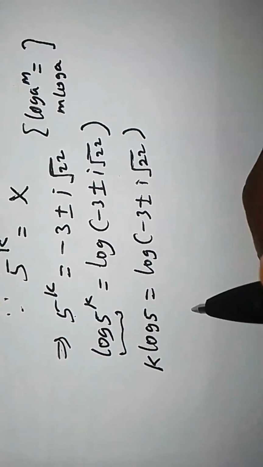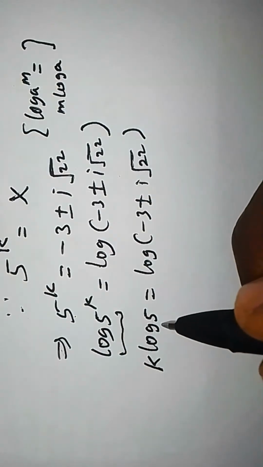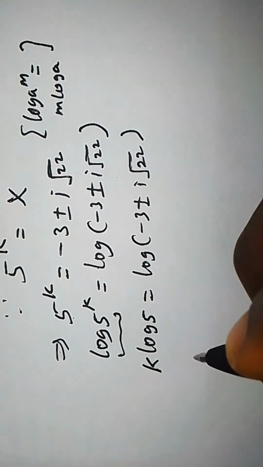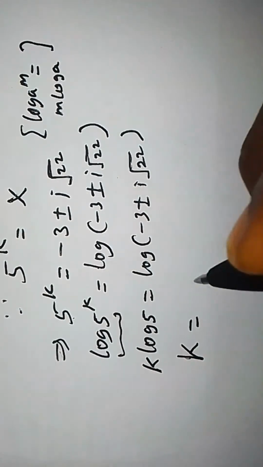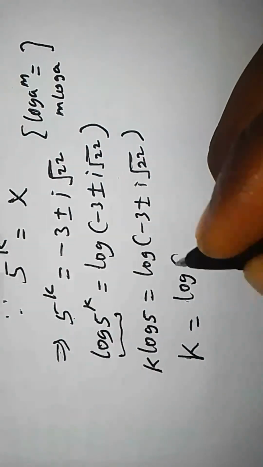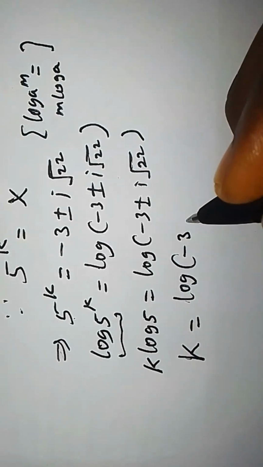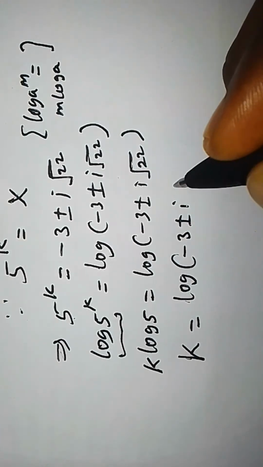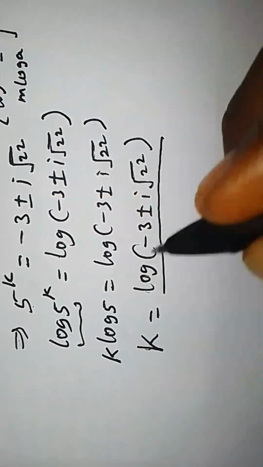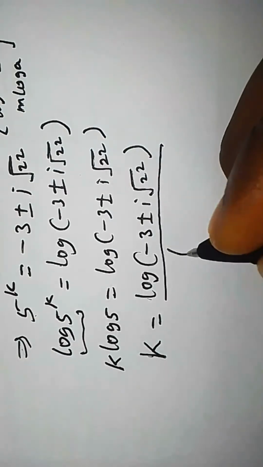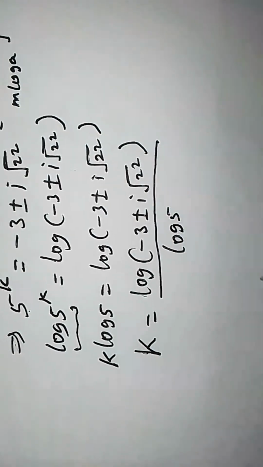Now, let us divide both sides by log 5. Doing that, we have k = log(-3 ± i√22) divided by log 5.